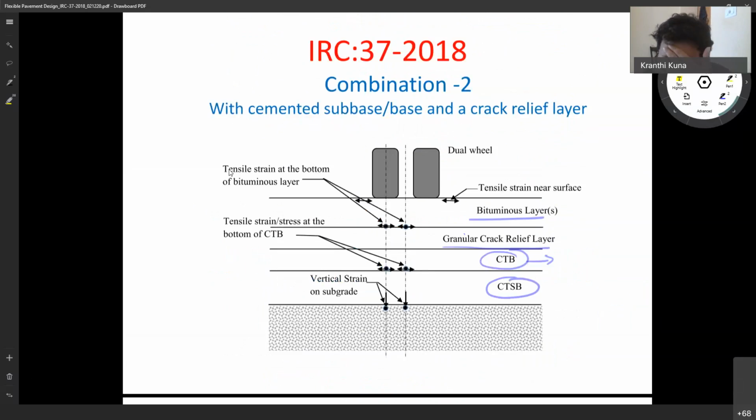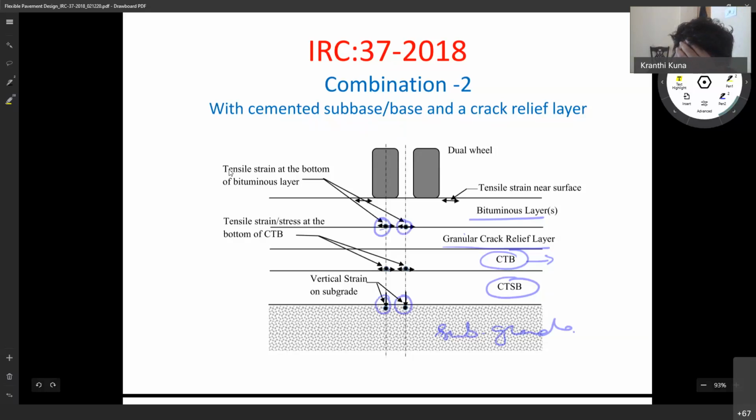And you have the subgrade. So how do we design this one? Whatever principles we have discussed earlier remain the same. For example, at the bottom of the bituminous layer at these two locations we determine the tensile strain, and at the top of the subgrade at these two locations we determine the compressive strain.